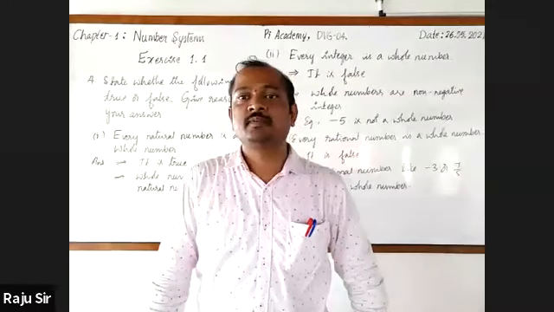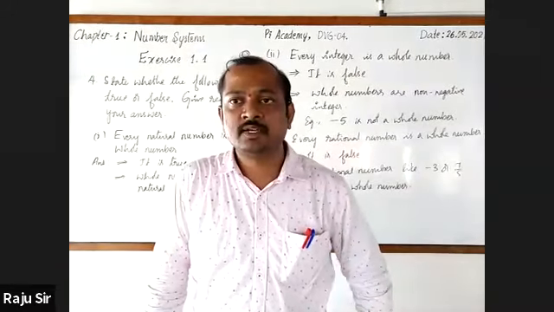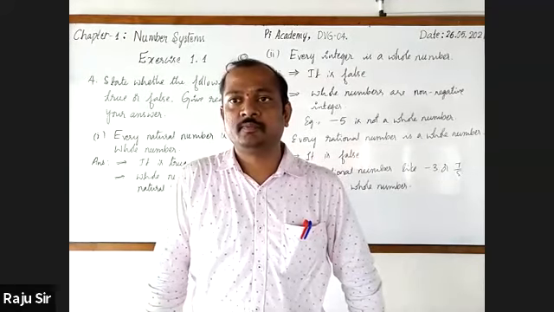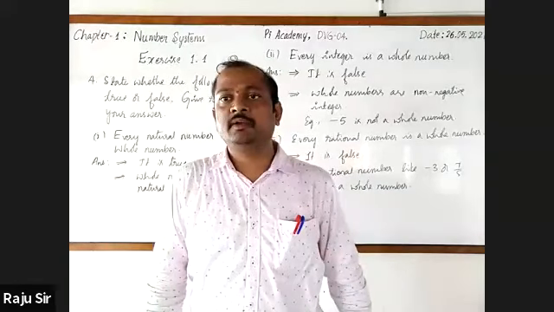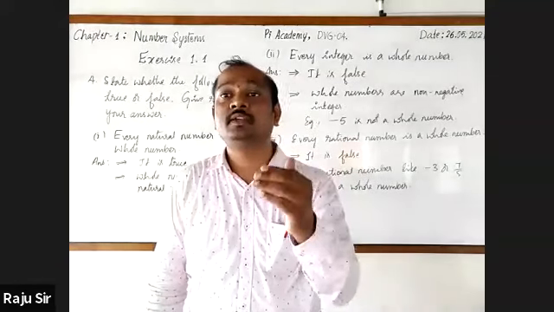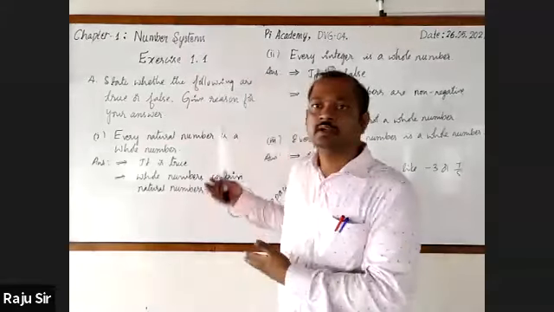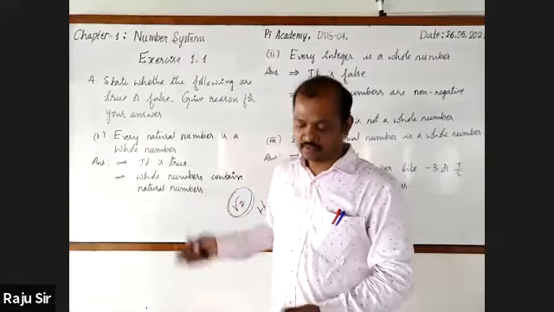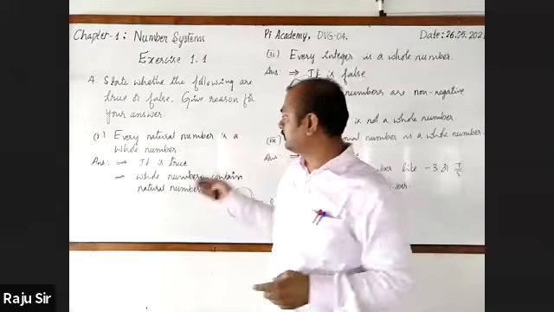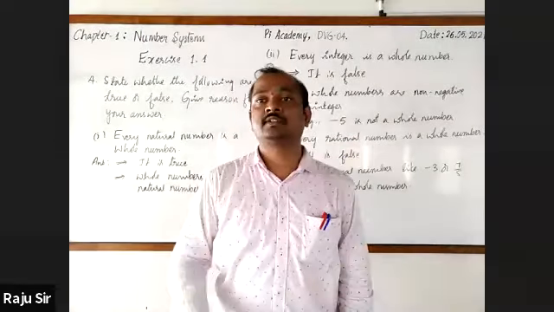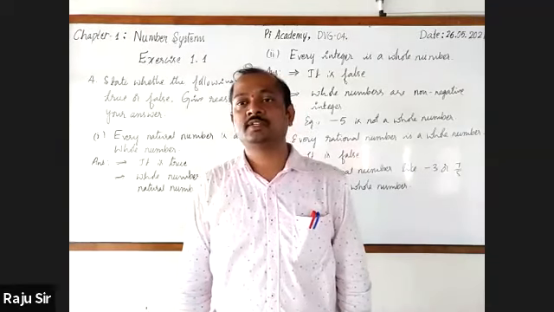Listen here, dear students. Every day I have been reminding you that you have to read the textbook and come. So I have asked a question related to textbook information only. In the box they have given the information regarding the number which is not rational, nothing but irrational.